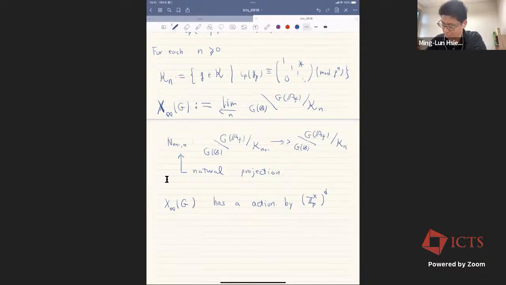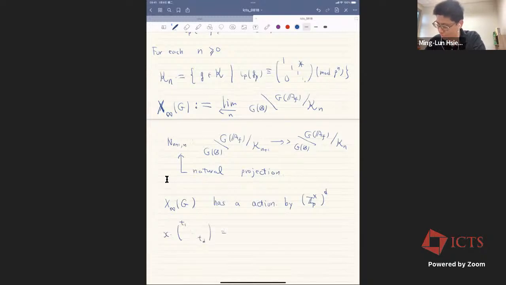If you take a class x, it has an action by x times ι^{-1}(diag(t_1,...,t_D)).